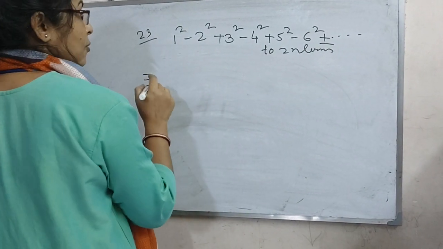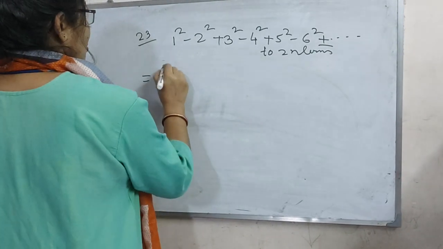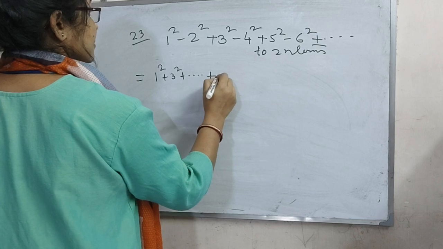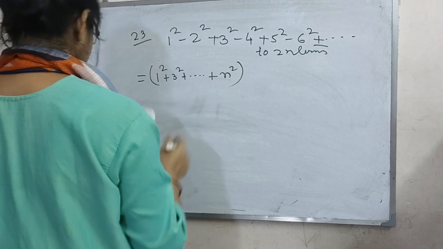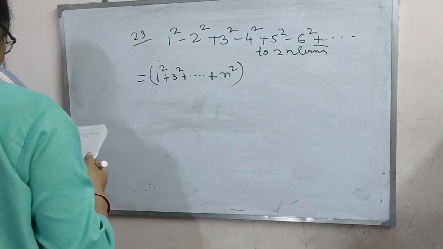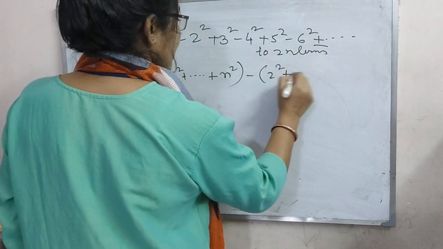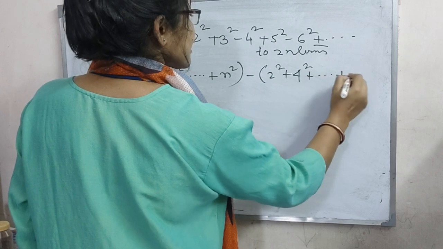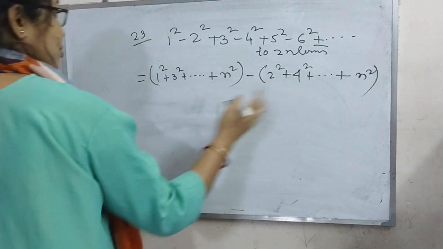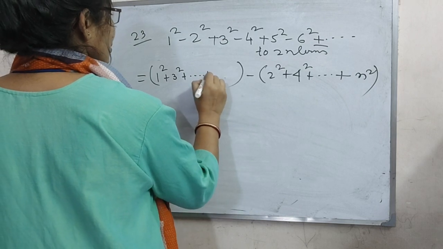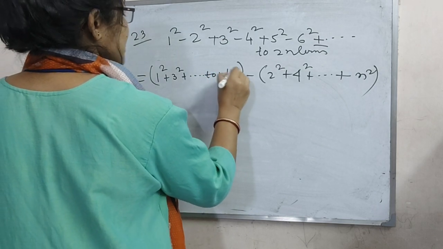Find the sum of the terms. 1 square plus 3 square plus dash plus n square, and minus 2 square plus 4 square plus dash plus n square. So we have up to n terms. We have to write it to n terms.